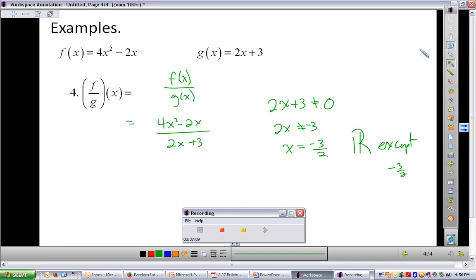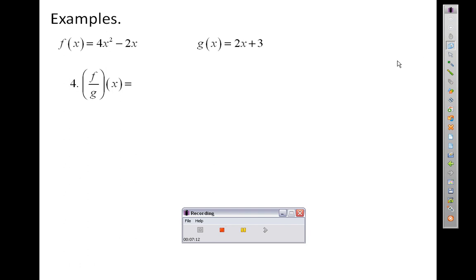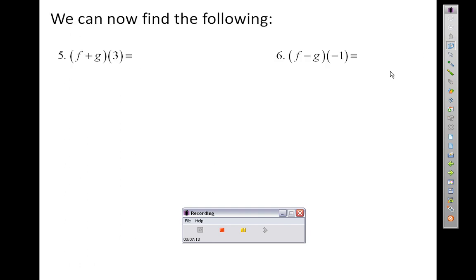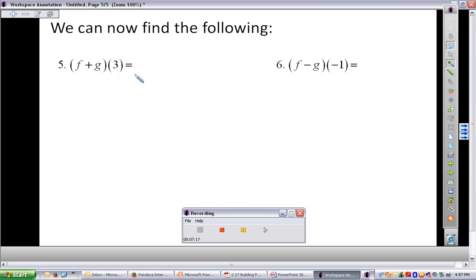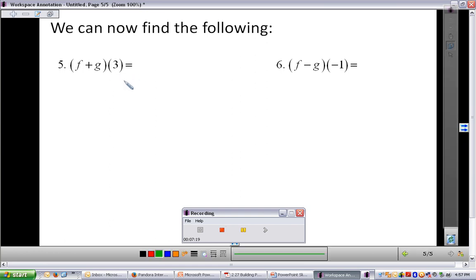Moving forward, not only can we combine two functions like that, but we can also take f plus g of 3. And if we remember, we just found out what f plus g of x was.